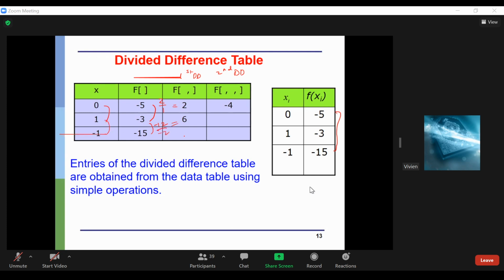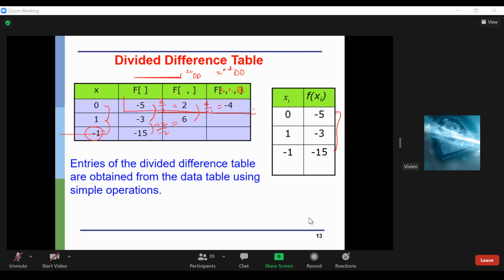So the result will be 6. And for this one we have 6 minus 2, that will be 4, divided by the last, which for x0, x1, and x2 is minus 1 minus 0, so divided by minus 1, that will be minus 4.